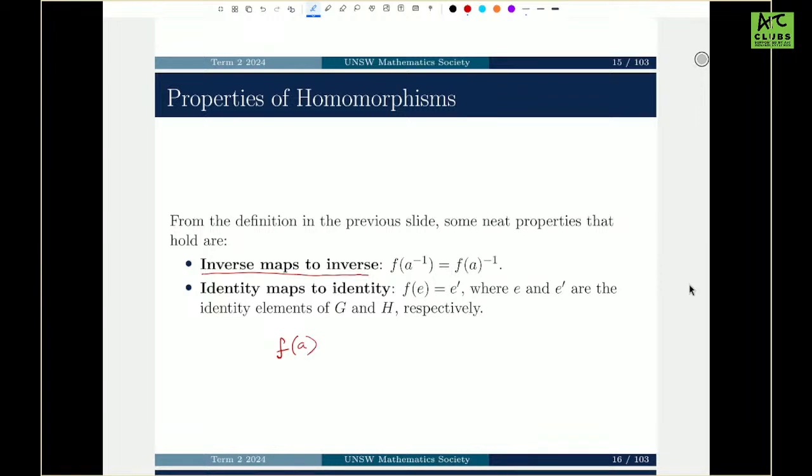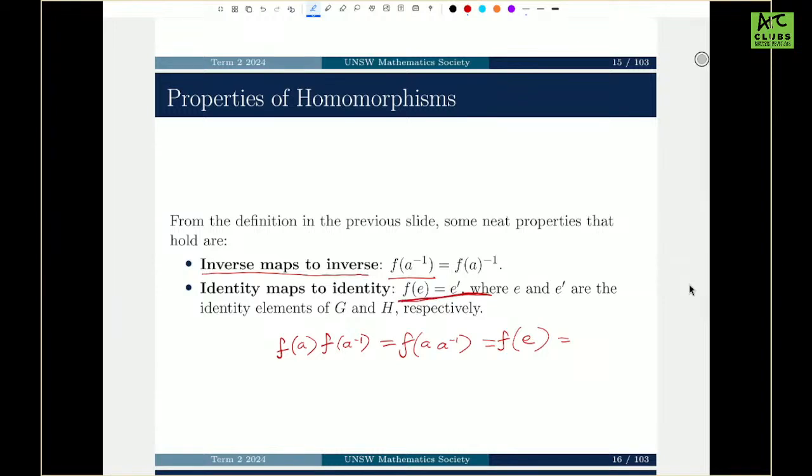We want to show that this left thing is the inverse of f of A. So f of A times f of A inverse equals, and now we can use the fact that f is a homomorphism, f of A A inverse, which equals f of E, which equals, now we just need to show that this thing holds.